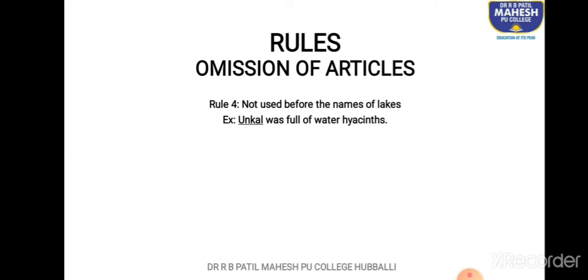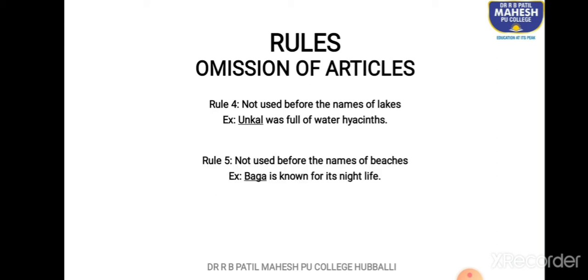Number 4: articles are not used before the names of lakes. Before the name of a lake, one has to not use it; only for state or country can one use it. Unkal was full of water hyacinths. So Unkal, not the Unkal, a Unkal, and so on.